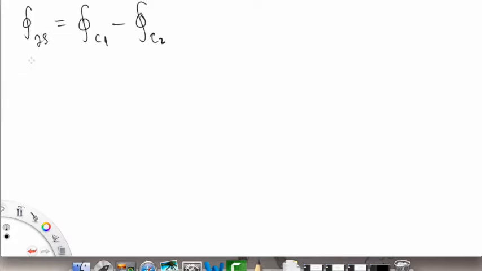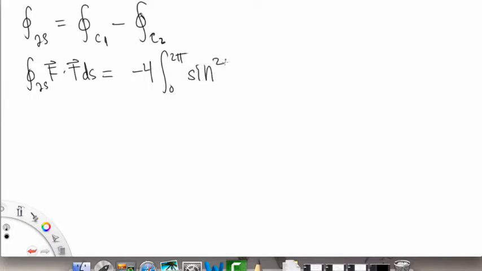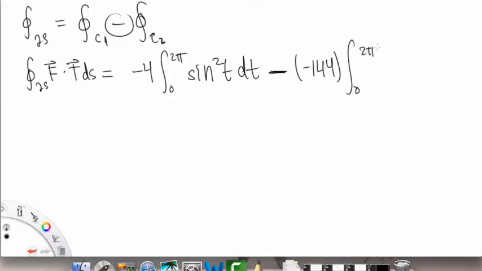Okay, so basically the entire line integral of vector field F is going to be equal to the integral over C1, so that was negative 4, 0 to 2 pi of sine squared t dt, and then minus, we're going to subtract that from this part here, minus a minus 144 times the integral from 0 to 2 pi of the same thing, so sine squared t dt.